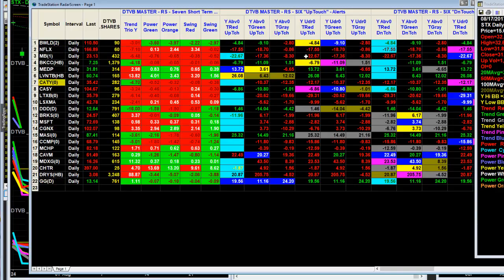So whenever we look for a pattern and we start to look at verifying the conditions for that pattern, we always look at the short-term trend lines. And the radar screen, if you got 10 patterns, the radar screen is a real quick way to do some analysis of those 10 patterns.